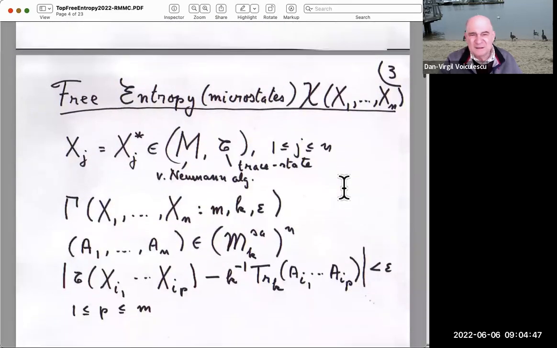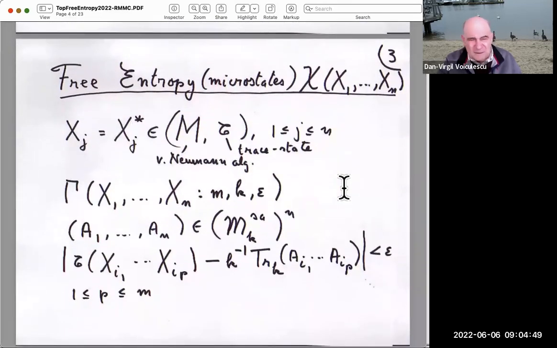But first, because it's an analogy, let me remind how the free entropy, the usual one, the microstates free entropy, is defined in the von Neumann algebra context, so the non-topological things.